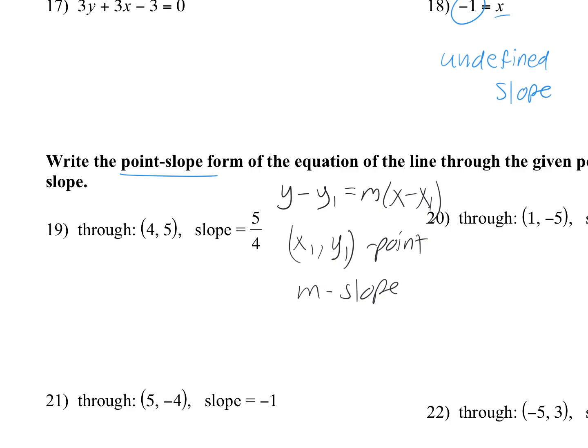In number 19, you're given an x1 and a y1, and you're given a slope m. So now we just want to plug this into point slope form. We're going to get y minus 5, because that's our y1, equals our m, which is 5 over 4, and then x minus x1, which is 4.